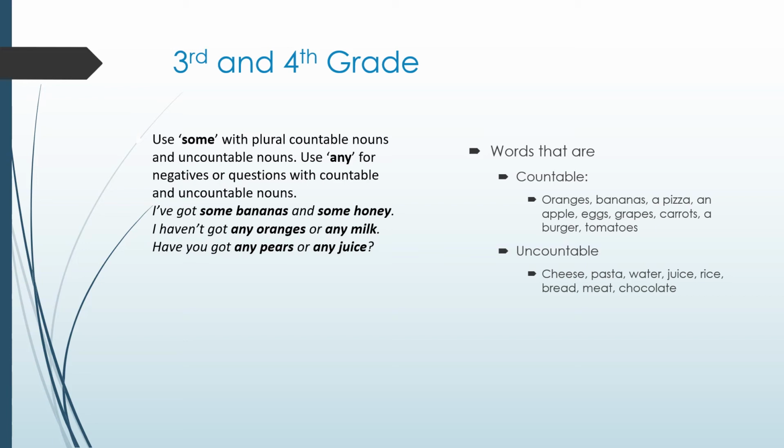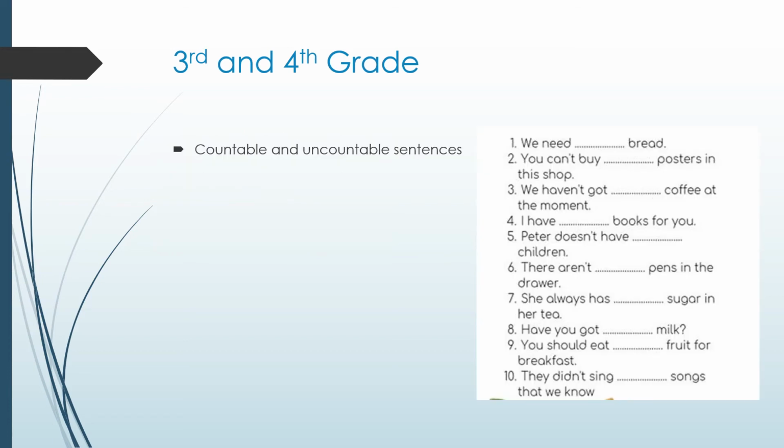So now in sentences, we're going to choose between some or any. Okay, so we're going to fill in these sentences with the words some or any. Look at these sentences, see if you can fill in each one with the words some or any.